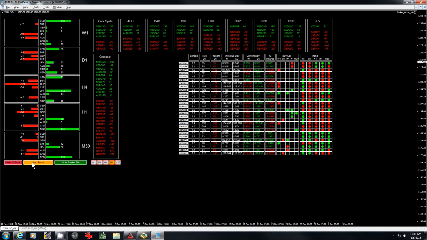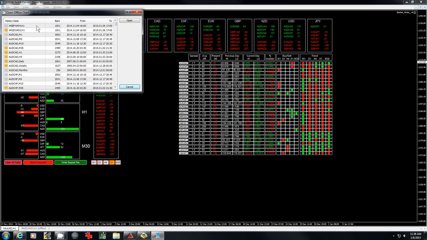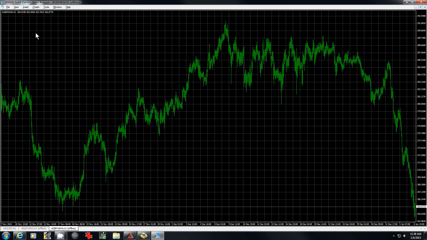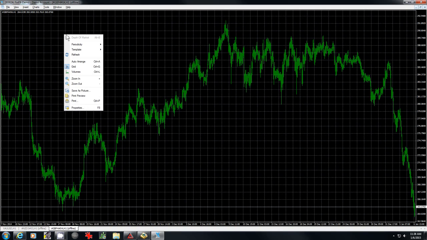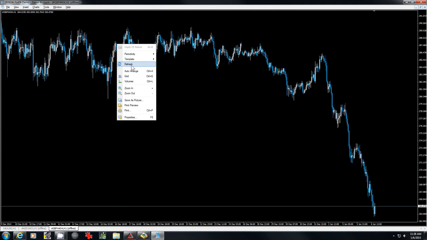And we're going to clear out the tab, stop the robot for now. And let's go up and see if we can find that one. There he is. Template, plain. Refresh.